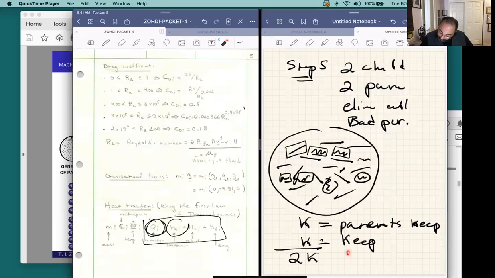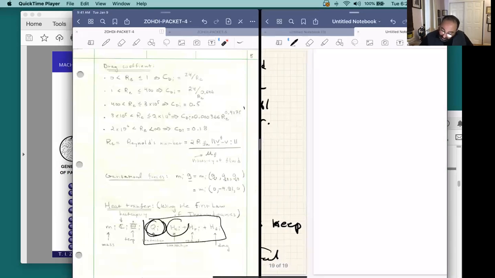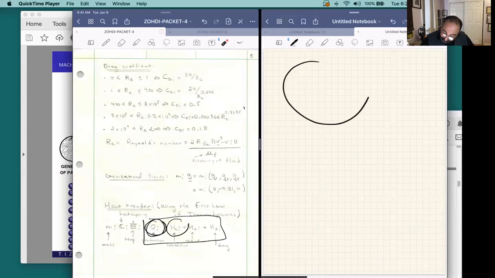If my total population was, call it S, I have to take S, subtract away 2K, and then determine how many I need to add into the system. So I've got a total of S population.